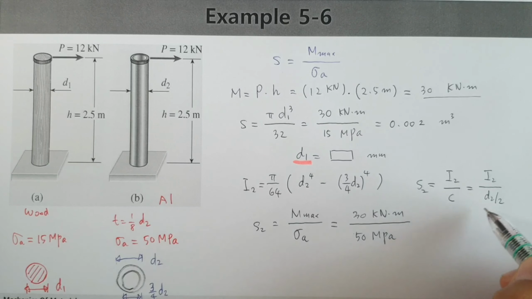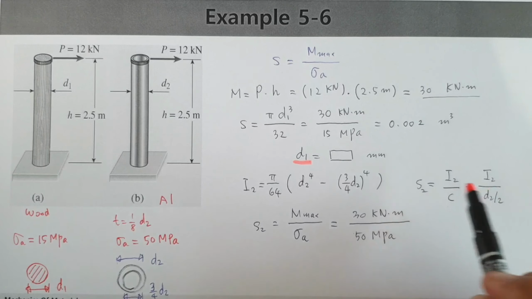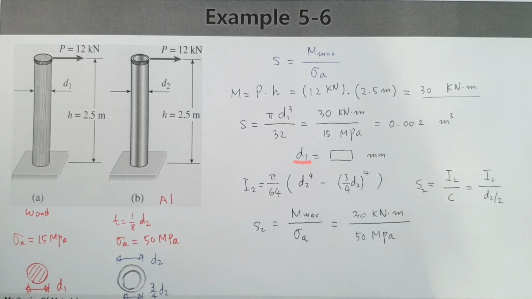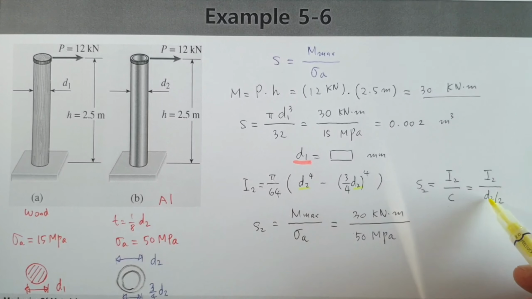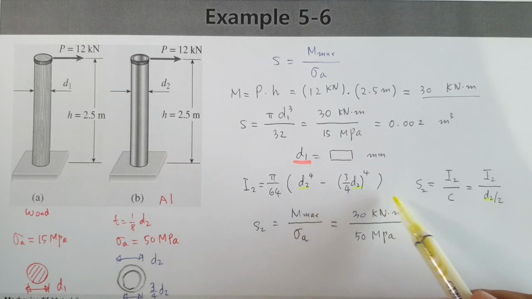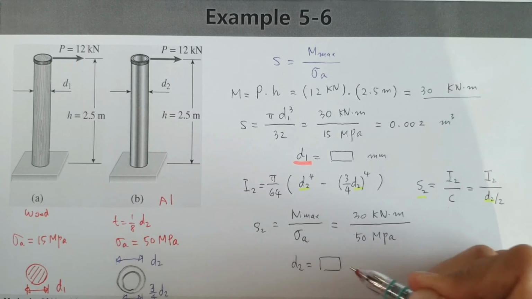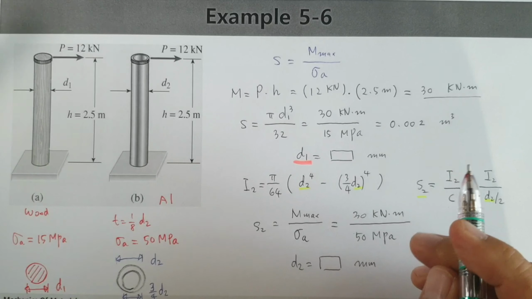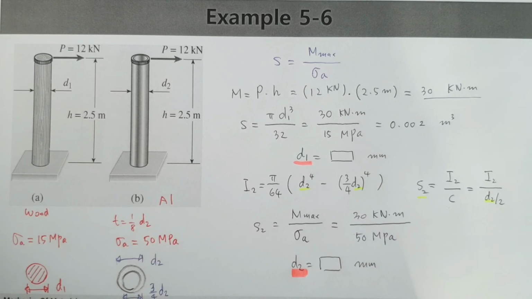When I2 is substituted there, it is dependent upon the D2 value. And finally, this value is the same as S2. Then finally, we can calculate the D2 value, which is expressed in millimeters. That's the answer for D2.